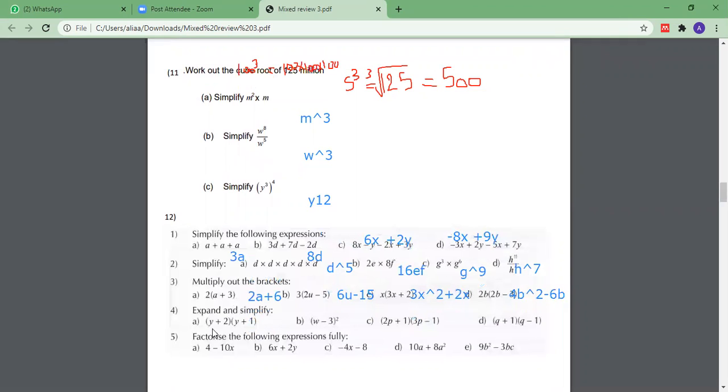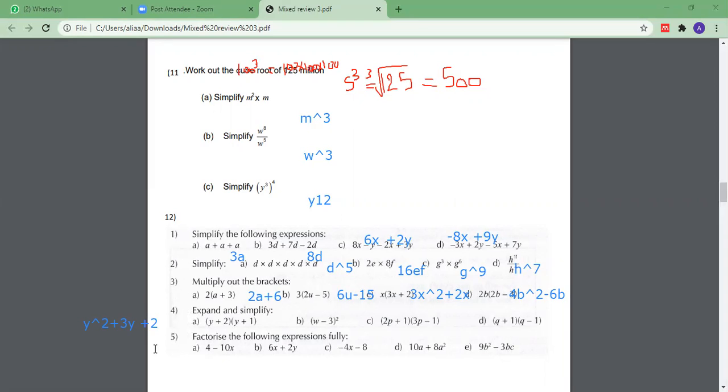So it will be this question. I will write it here beside it. It will be y power 2 in the final, plus 3y plus 2.